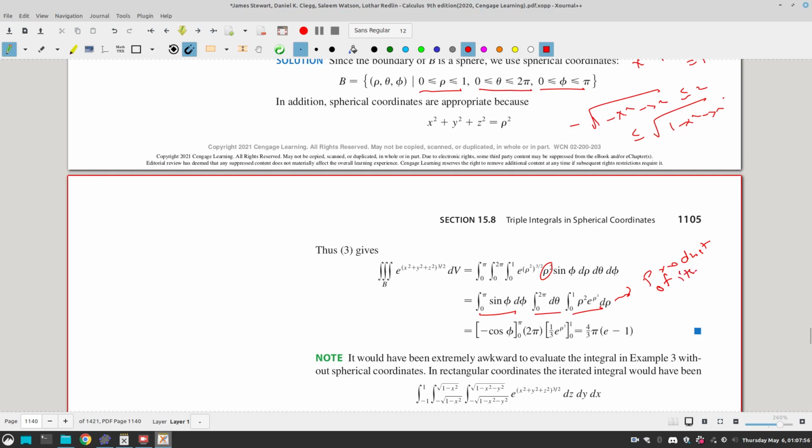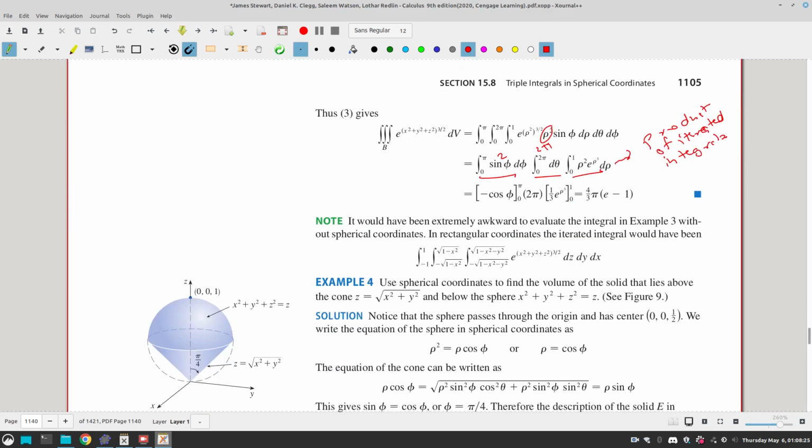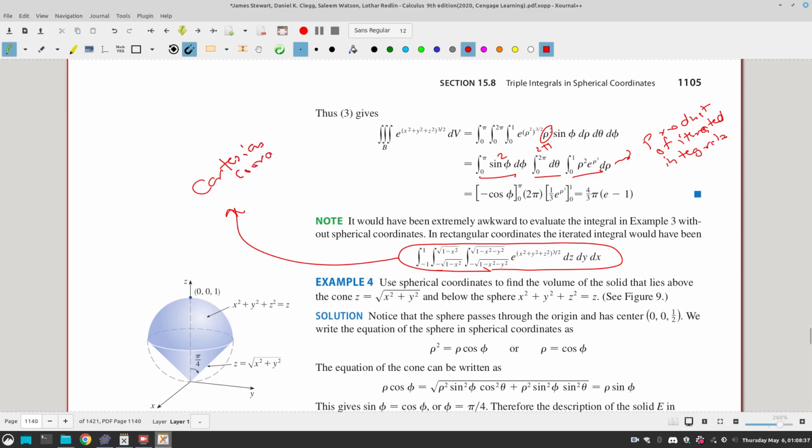This is going to give me twice pi, and of course whatever you get when you integrate rho square e to the rho cube. But in rectangular coordinates, the integration would have been very difficult. This would have been the integration in Cartesian coordinates.